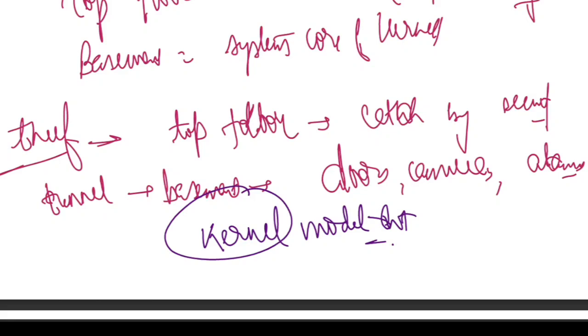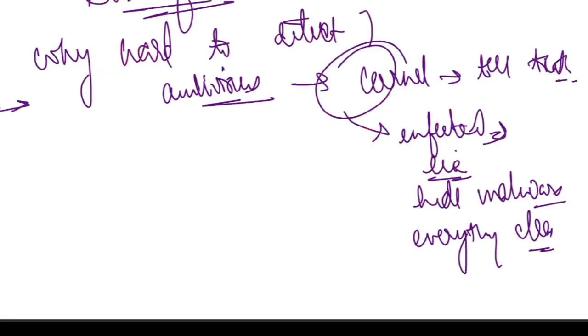It can lie, it can hide the malware, and it will pretend that everything is clean. That is why kernel mode rootkits are considered among the most dangerous and hardest to remove. Even removing them incorrectly can cause system crash, corrupted OS, and complete boot failure.